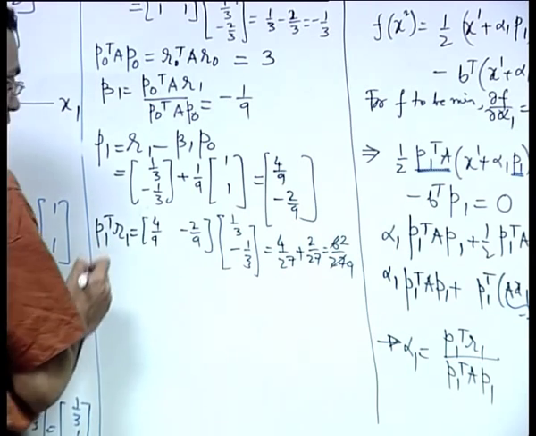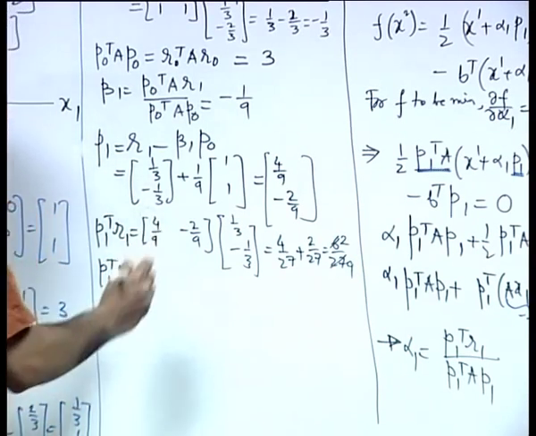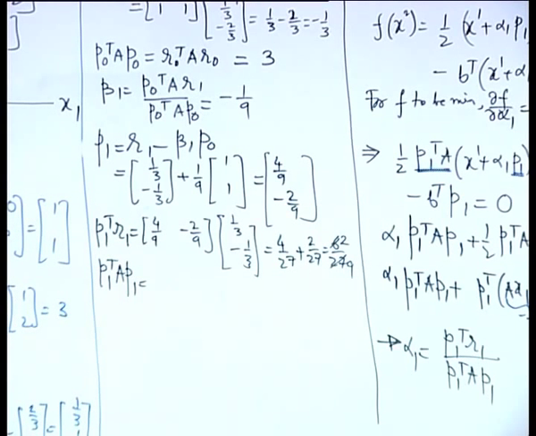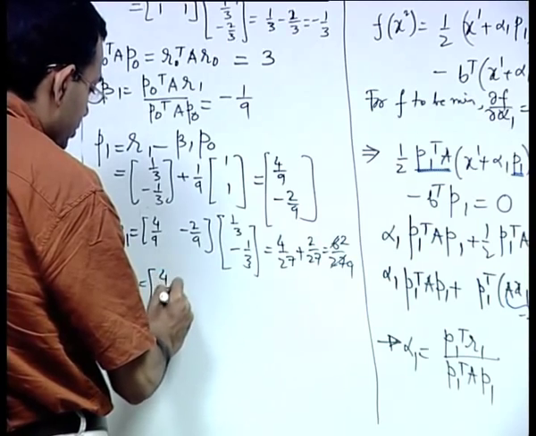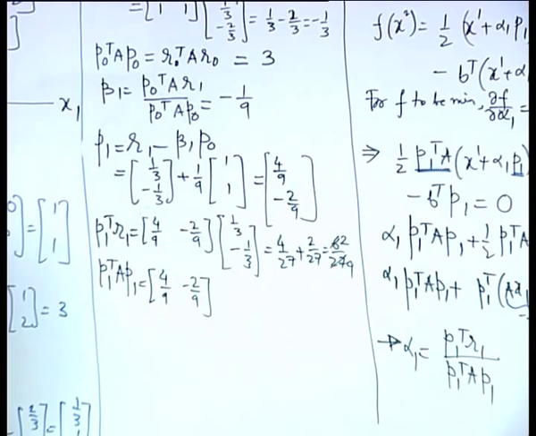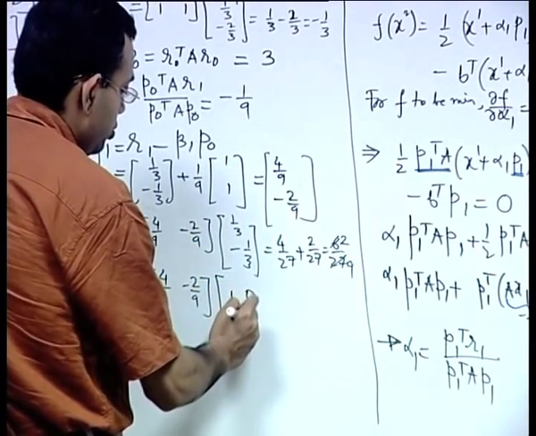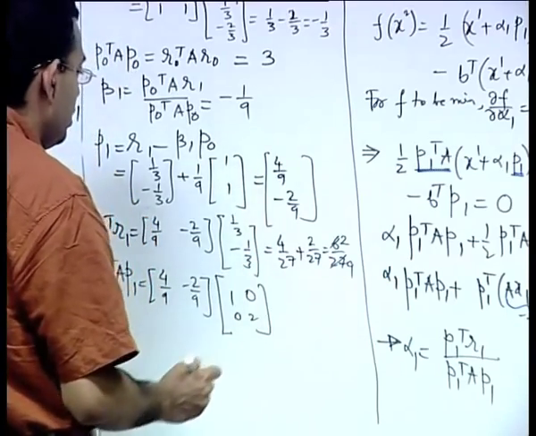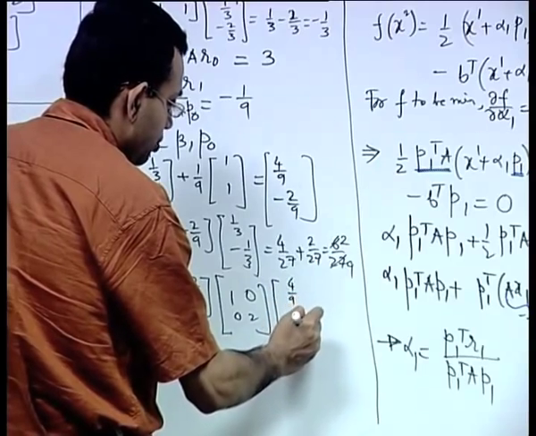P1 transpose AP1. So 4 by 9, minus 2 by 9, A, and P1, 4 by 9, minus 2 by 9.